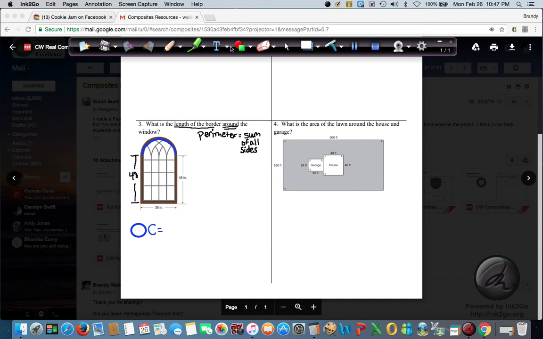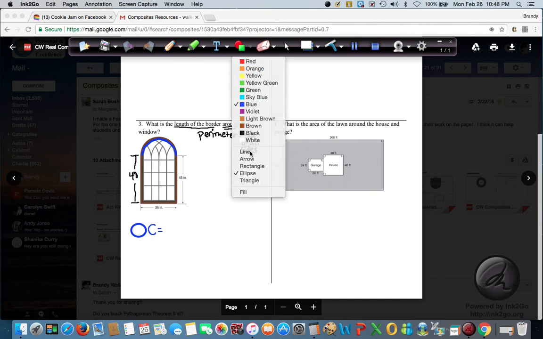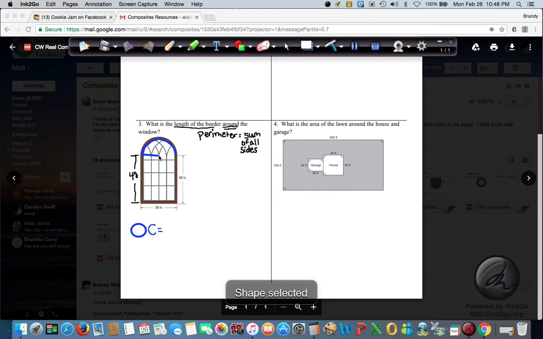In this case, because I know my diameter, right? Again, it's a rectangle, so I know my diameter is 36, because that goes all the way across. That's my diameter. And I got that down here just in case you were wondering.